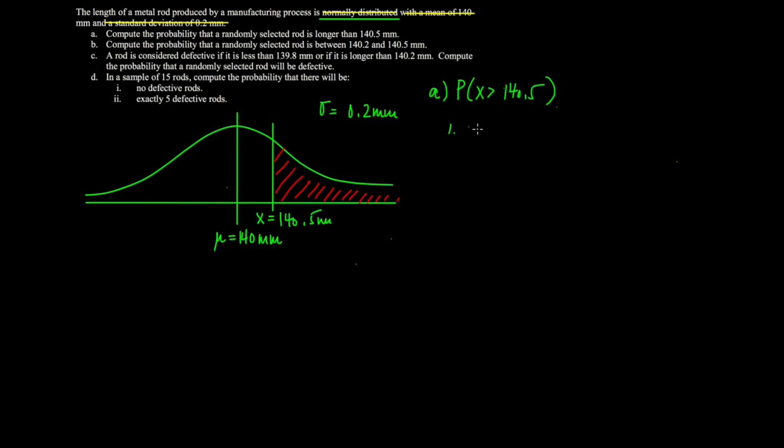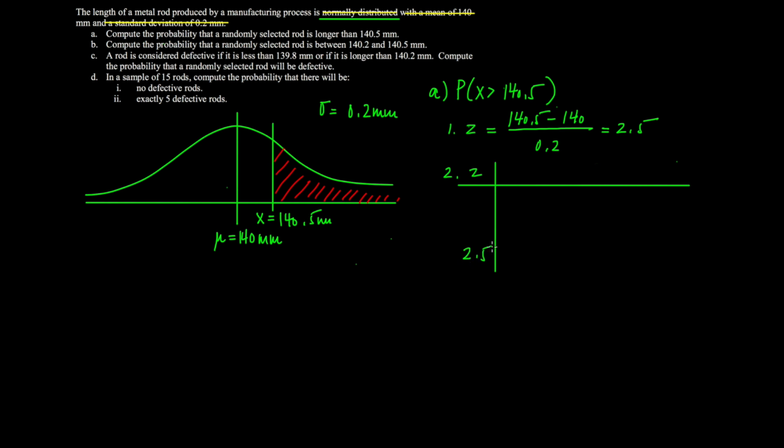So first step, we need our z-score. So the z-score is going to be my x, 140.5, minus my mean, 140, divided by the standard deviation, which is 0.2. This is going to give us a z-score of 2.5. So in the z-table, on the vertical, we're going to go look for 2.5.